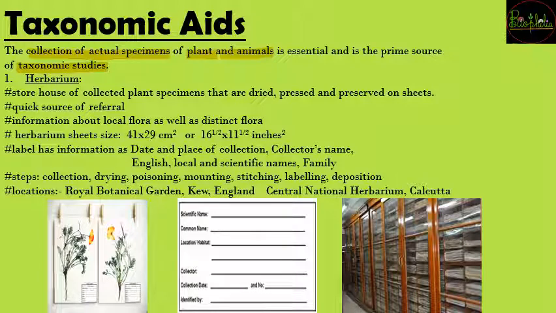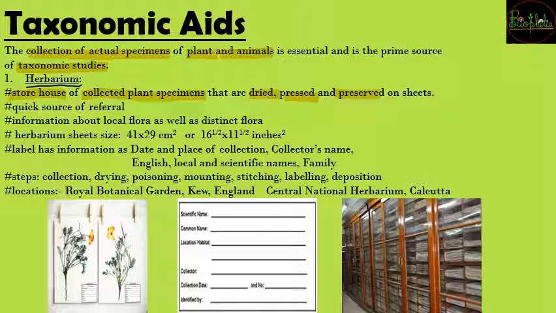So the first aid that you need to study here, that is herbarium. So herbarium is going to be a storehouse, and in this storehouse you are going to store the collected plant specimens, and these plant specimens are going to be dried, preserved and pressed onto the sheets. जैसे ही प्रेस हो गए, they are going to stain the paper and they will be used as the source of reference for the taxonomic studies.